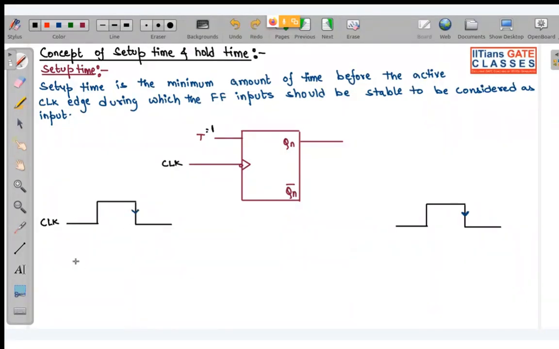That means, if our input was something like this, see very carefully.